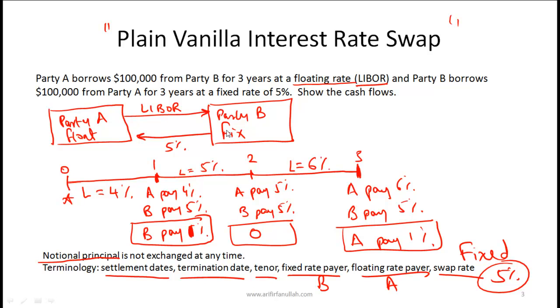So that is a very simple interest rate swap. Now I'm going to introduce a formula that you will see in most study notes, and this formula looks complicated, but essentially it is what we just did. The formula that you will see will look something like this. The net fixed rate payment is equal to the net payment made by the fixed rate payer.